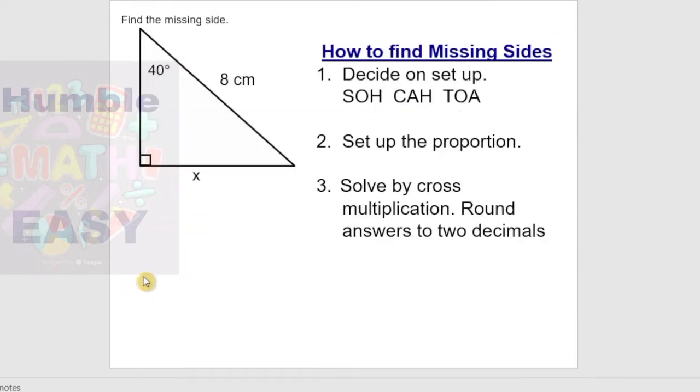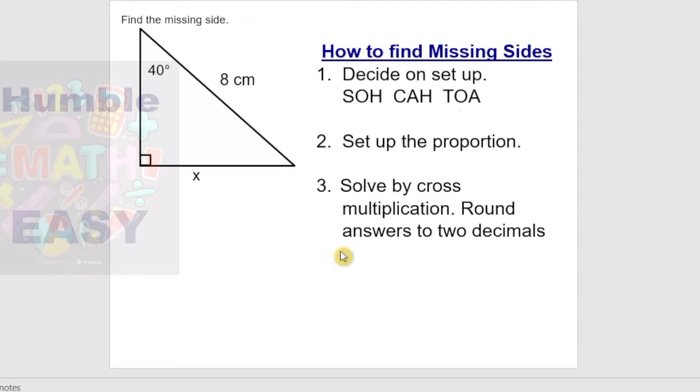Okay? So here it goes, in the first given figure that we have, the 40 degree angle is given, the 8 centimeter, and the value of x. To find the missing sides, we're going to follow certain procedures.